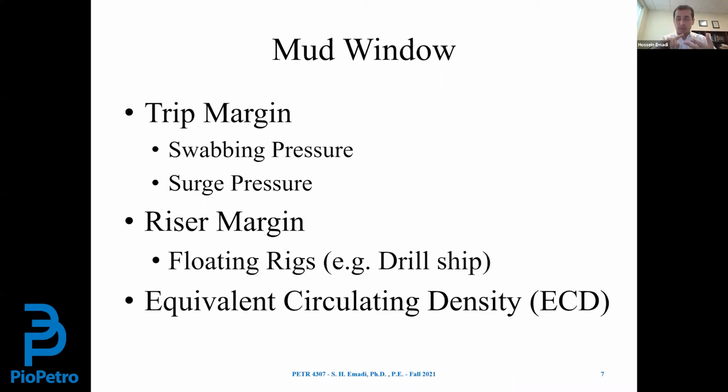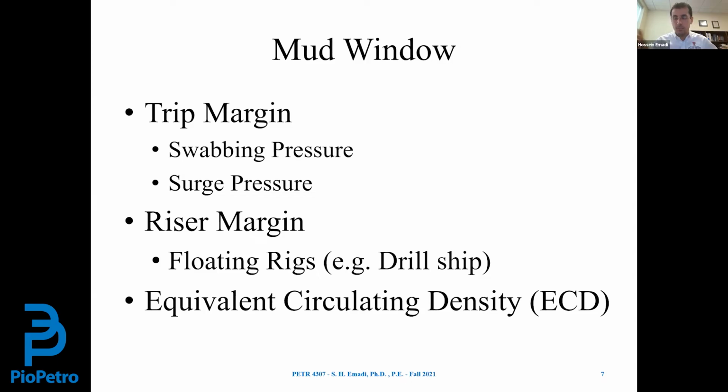It is also a function of the speed of the fluid, so V, how fast or how slow we trip in or out. And also the cross-sectional area between the drill string and the wellbore. So the larger the cross-sectional area, the smaller the velocity of the fluid, and the smaller the cross-sectional area, the higher the velocity of fluid. So these are the factors which basically affect the trip margin.